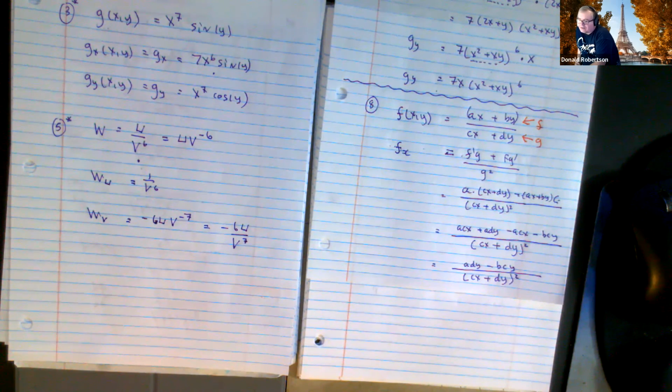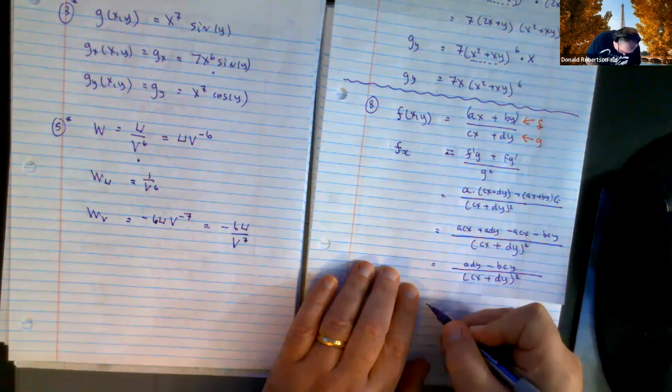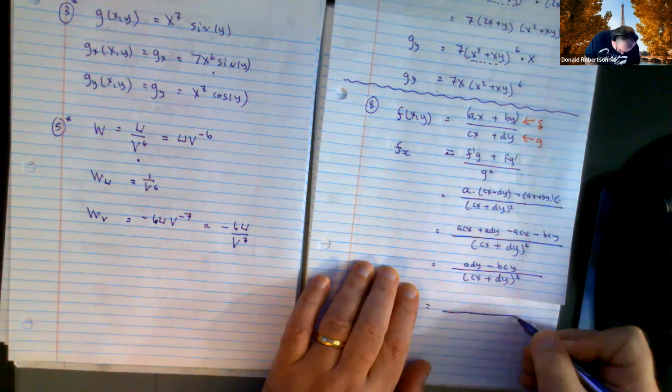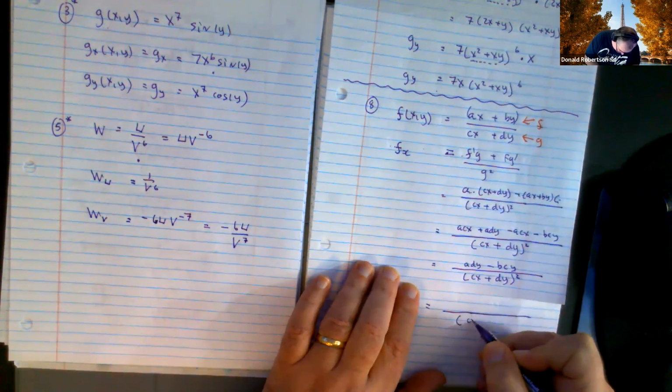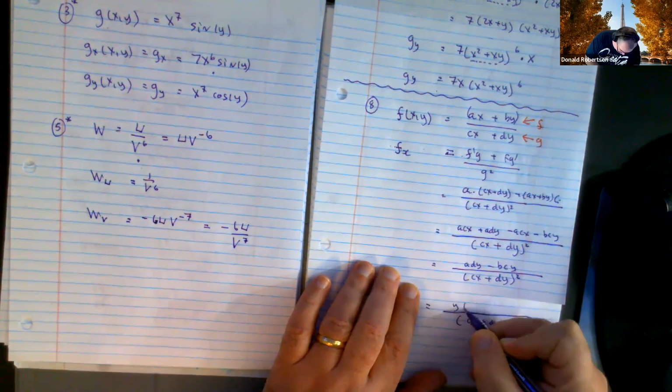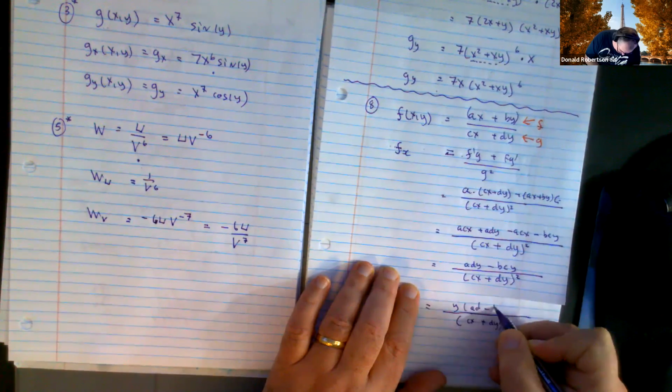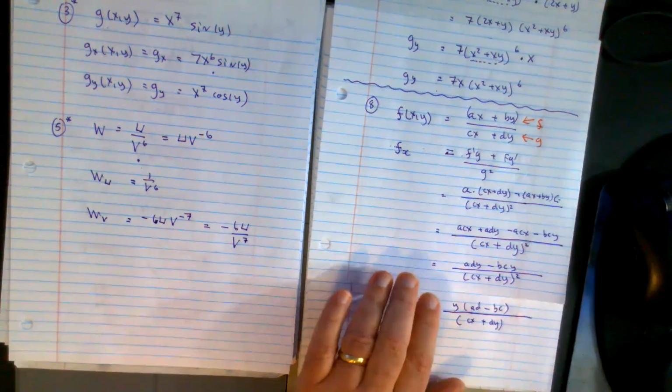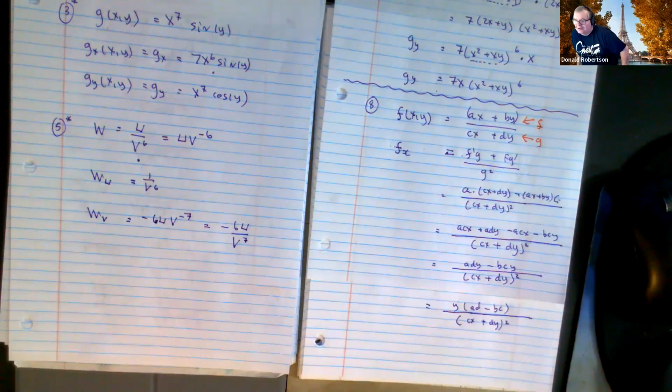Factor the heck out of it and make it look like the original. Anything I can do on the top? You could factor out the y. It does make it slightly prettier, so you should do it.